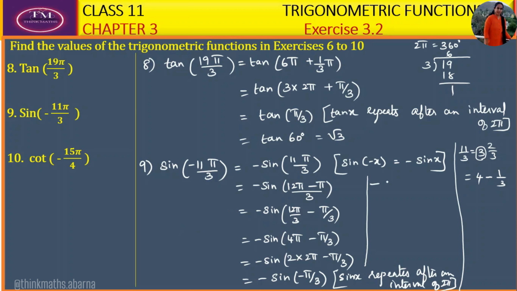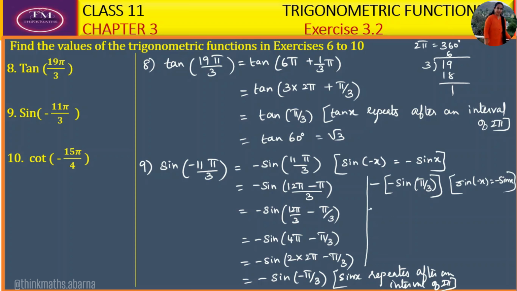So we have minus sine of minus pi by 3 is minus minus sine pi by 3. What is the reason? The reason is sine of minus theta is equal to minus sine theta. So we can write sine of minus x equal to minus sine x. So minus into minus is plus. So we have sine pi by 3.